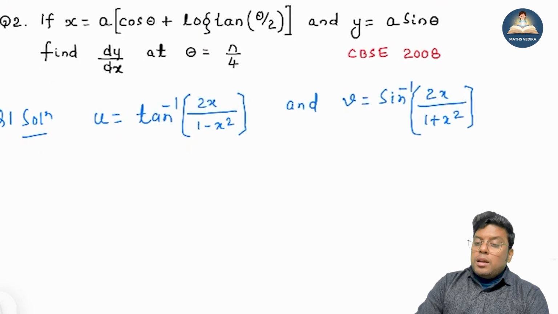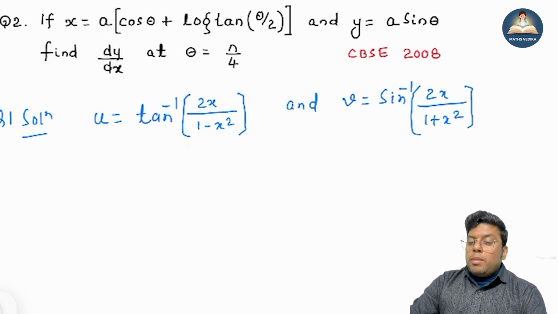now here in 2x by 1 minus x square, let's take the value of x as tan theta. Okay, so the moment we take x as tan theta, 2x by 1 minus x square will become 2 tan theta by 1 minus tan square theta, which is the formula of tan 2 theta.